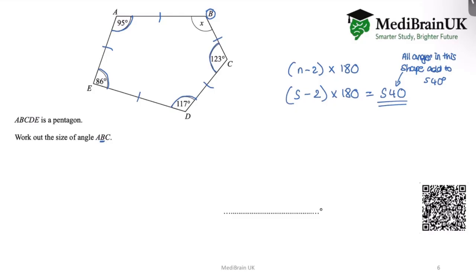We need to work out the size of this missing angle x. We do know that all of them add up to this magic value of 540 degrees. So 95 add 86 add 117 add 123 add x, which we need to work out, must be equal to 540 degrees.